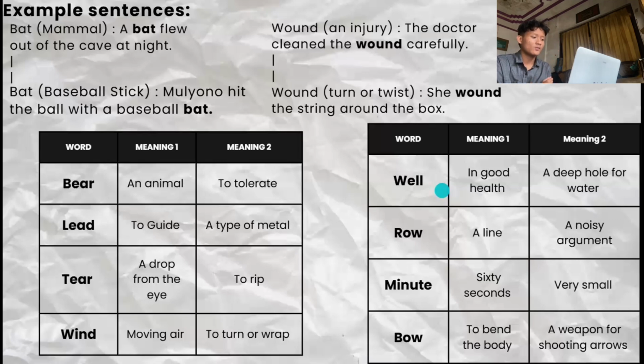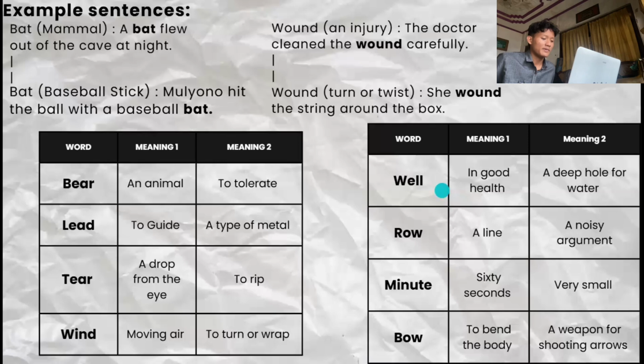Next example is well. Well can mean in good health, and it can also be a deep hole for water, or in Indonesian, sumur. And next is row. Row can mean aligned, and the second meaning is a noisy argument.